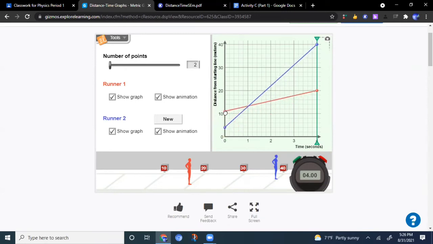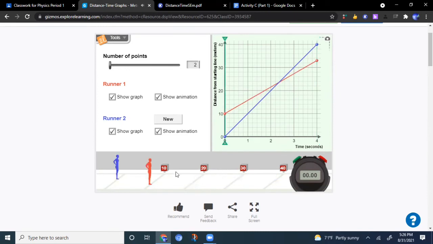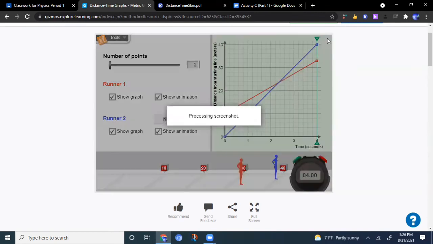So runner 2 catches up and passes runner 1. Runner 1 has the head start, red has the head start, and gets only to a certain point, right? Red has the head start. Blue catches runner 1 and passes and ends up winning the race, right? This would be an example. Why? Because runner 2 has the steeper slope, therefore runner 2 is going faster.